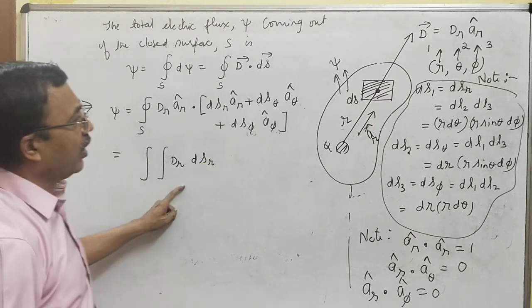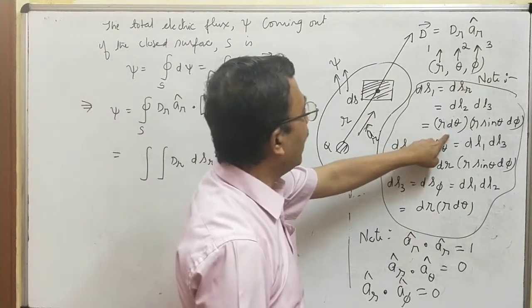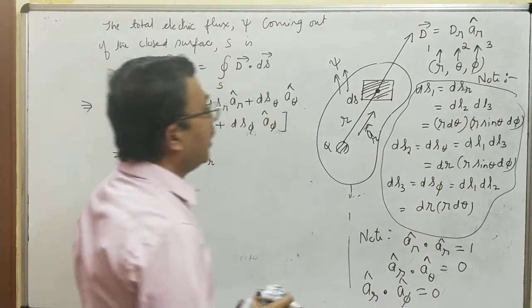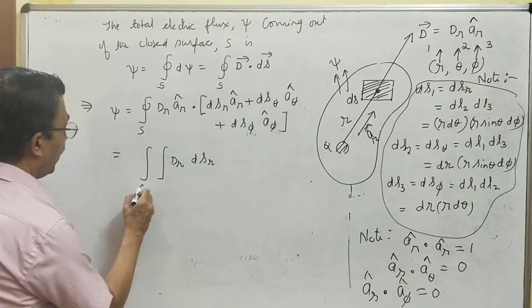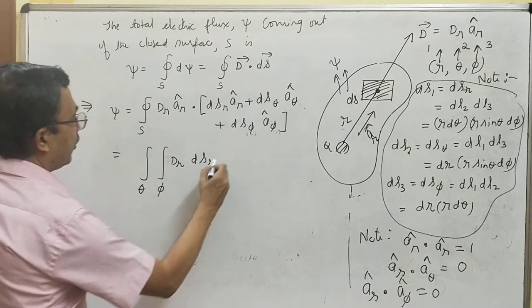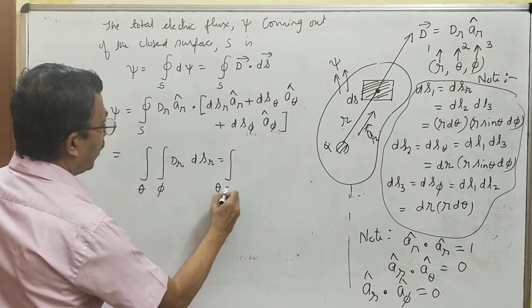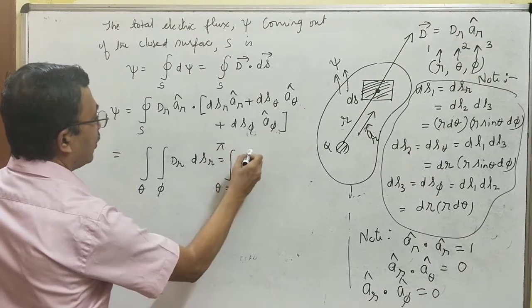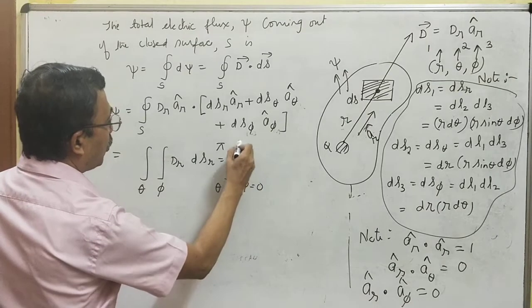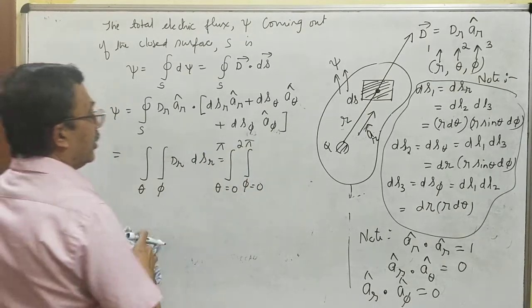What is dSr? dSr is nothing but r square sin theta d theta d phi over the domains of theta and phi. So theta varies from 0 to pi, phi varies from 0 to 2 pi for a sphere.